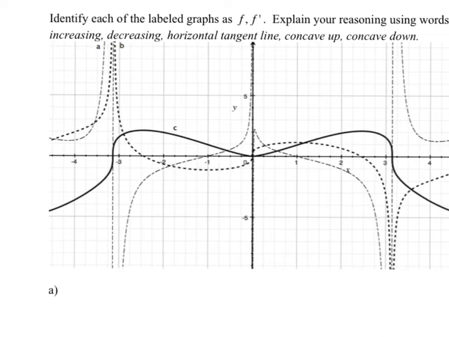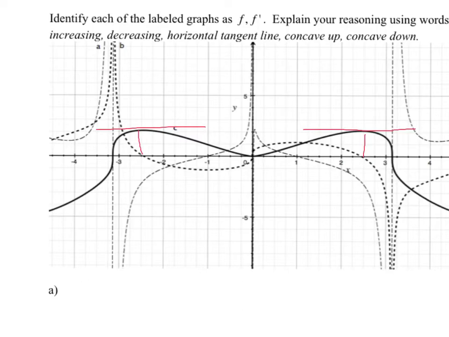I'm going to start with graph C just because it's the most bold out of anything that I see. And it looks like I have a horizontal tangent, one negative and one positive. And if I trace down from those two horizontal tangents, it looks to me like the same graph has a 0 at each of those points.